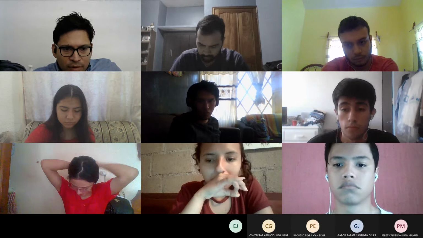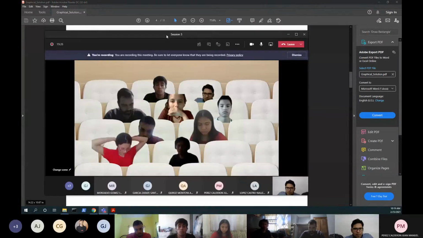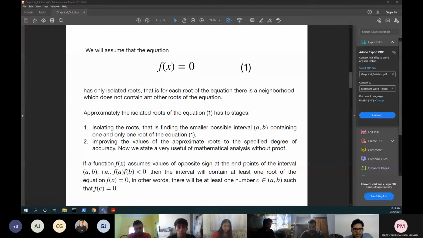So going back to the screen, we have something very important. If we want to find out whether the root is inside of the neighborhood I selected, what I have to do is evaluate my function in the neighborhood interval.